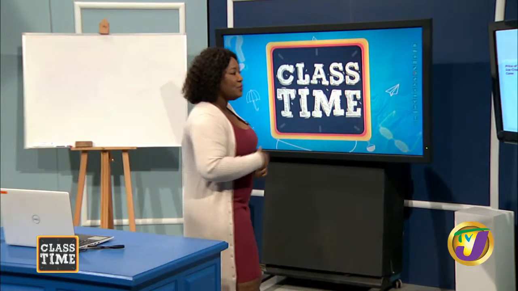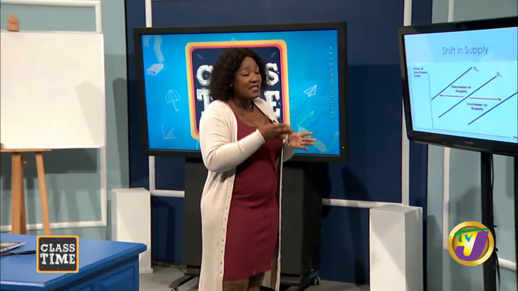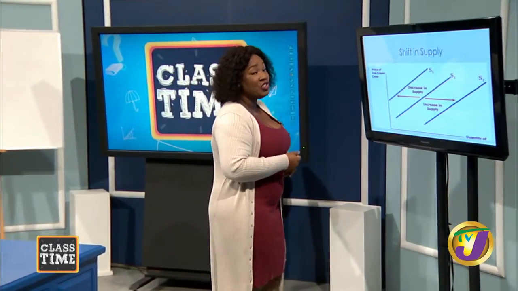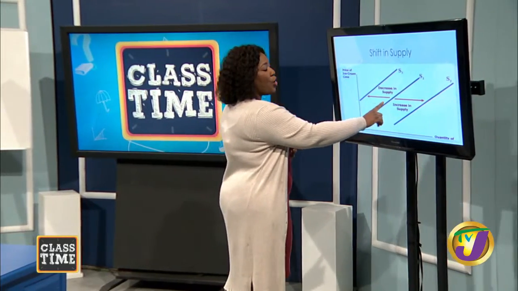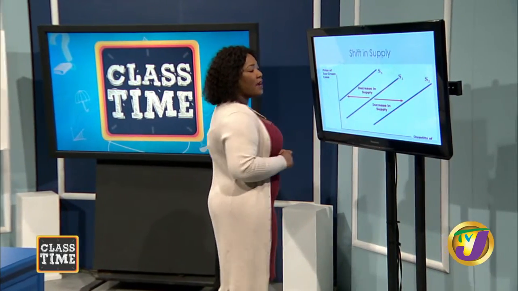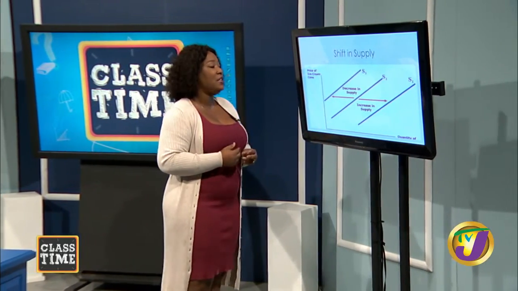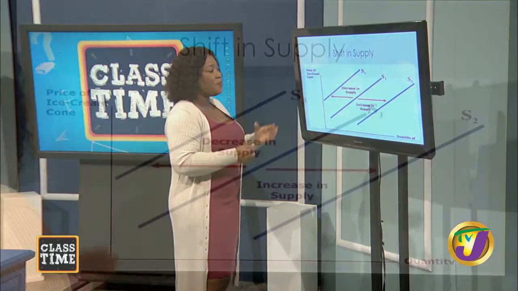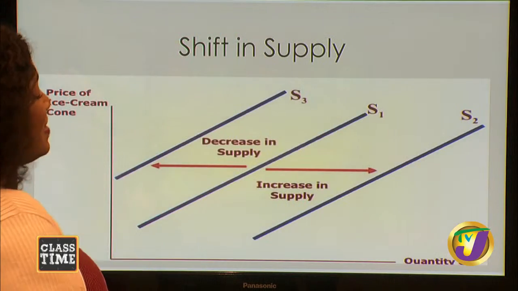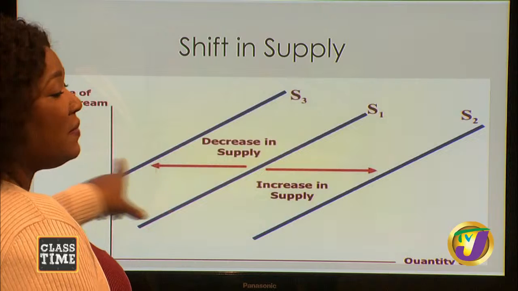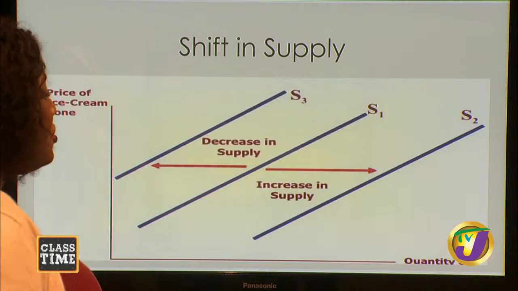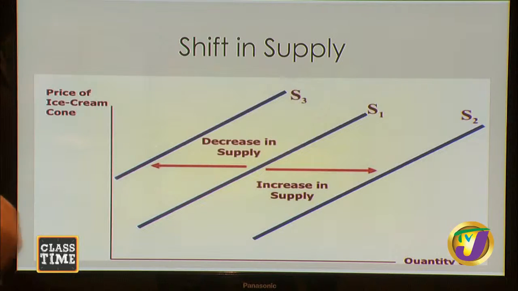So if the determinant causes an increase in the amount of items supplied, we will have the curve moving to the right. And if we have the determinants causing the price points to change right across the area, we're going to have a shift to the left of the actual curve. So the supply curve will shift to the right if there's an increase in supply, and will move to the left if there's a decrease in supply.